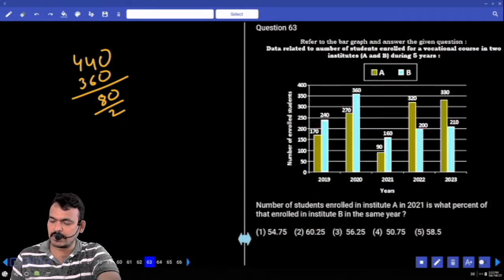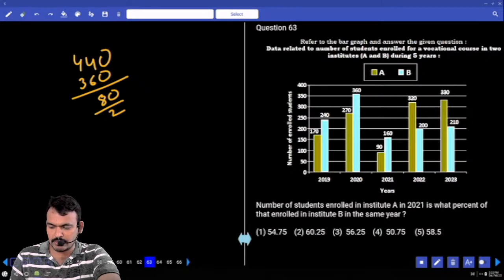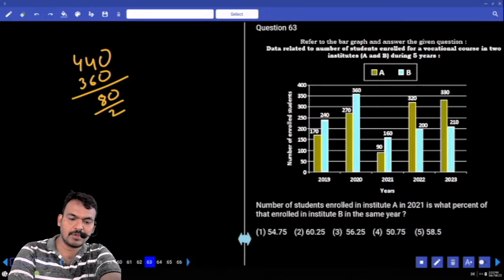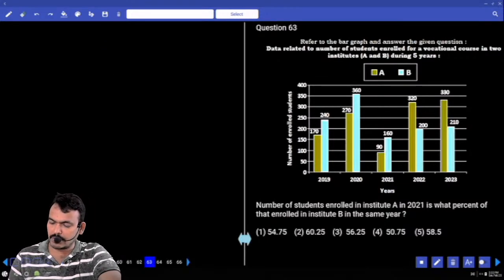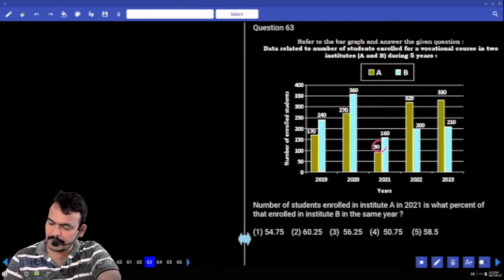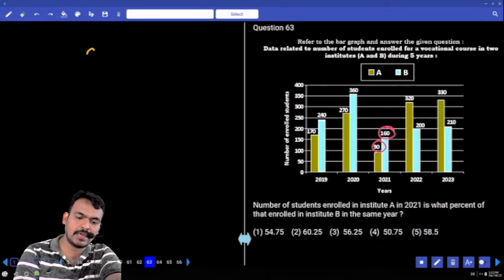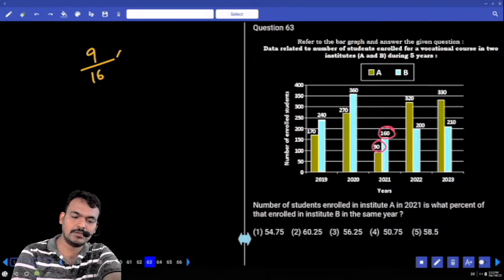Next, 63. The number of students enrolled in Institute A in 2021 is what percentage of those enrolled in Institute B in the same year? A in 2021, how much? 90. And B in the same year, 160. Then we get 9 by 16 into 100.